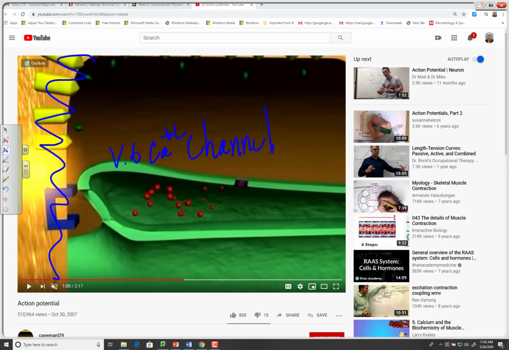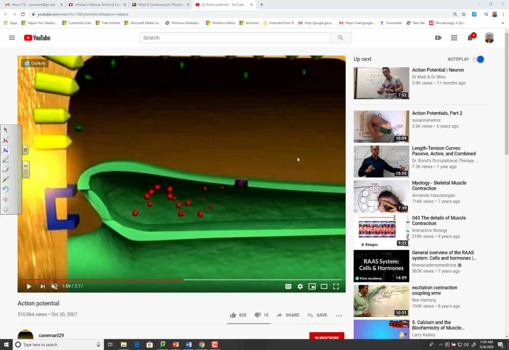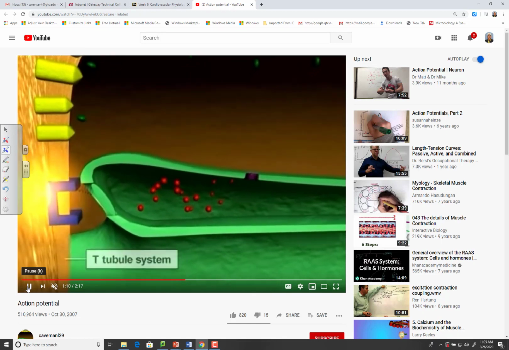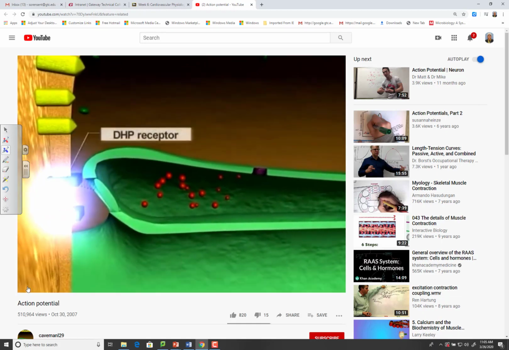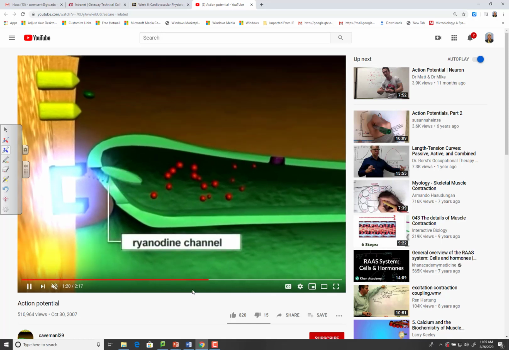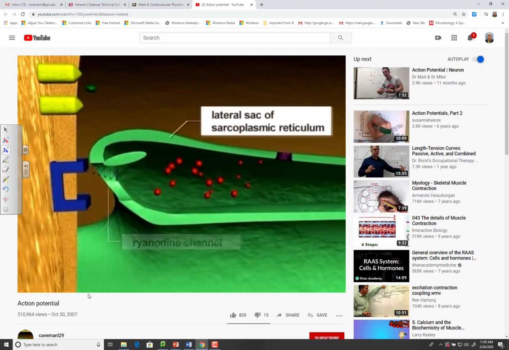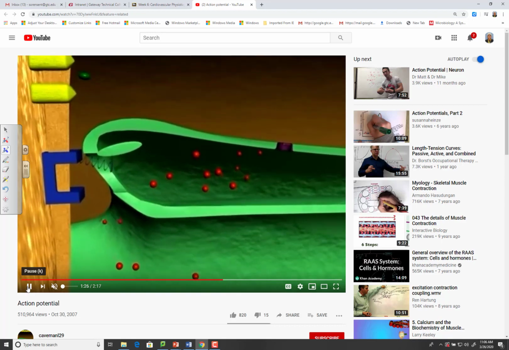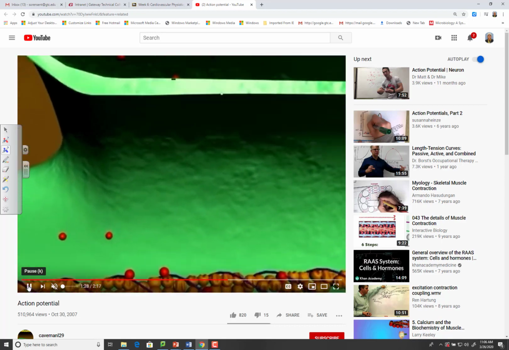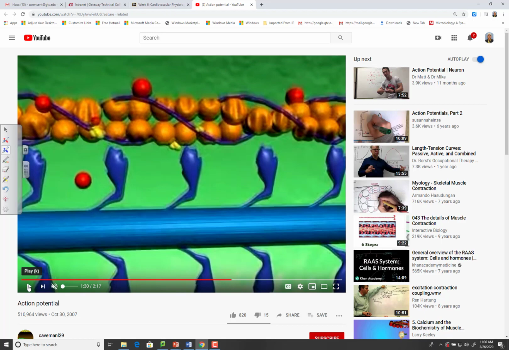And when those voltage-gated channels open due to the electrical impulse traveling over the muscle cell, calcium is going to move from high concentration in the sarcoplasmic reticulum to low concentration in the actin and myosin filaments. So here comes the calcium. Here it comes. Flooding out. There it goes. Okay. I want to stop this right there.